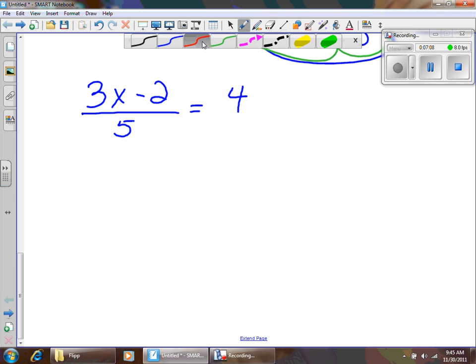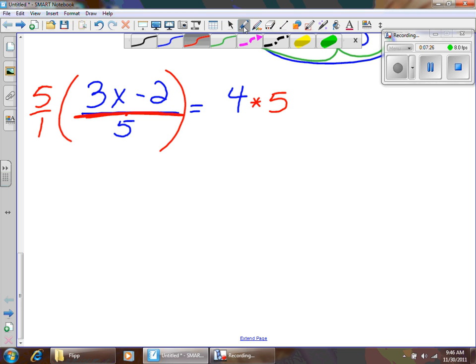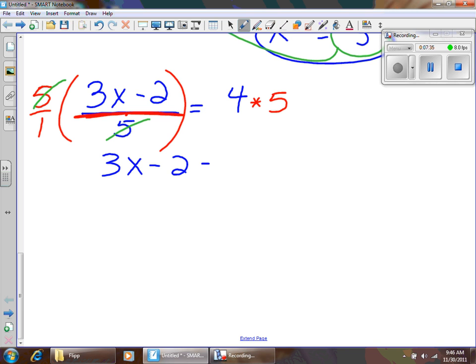I have to get rid of that 5 because it's dividing into the entire 3x minus 2, and I can't use Saddam until I get rid of that 5 to free things up. So to get rid of the division here, I will multiply by 5/1 on this side and times by 5 on that side. When I do that, these 5's cancel, leaving me with the new equation of 3x minus 2, and that equals 20.